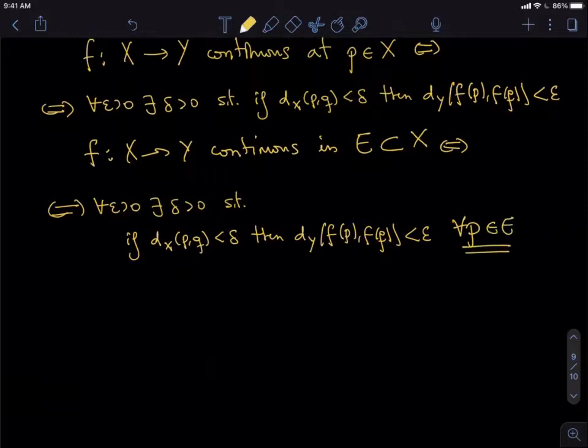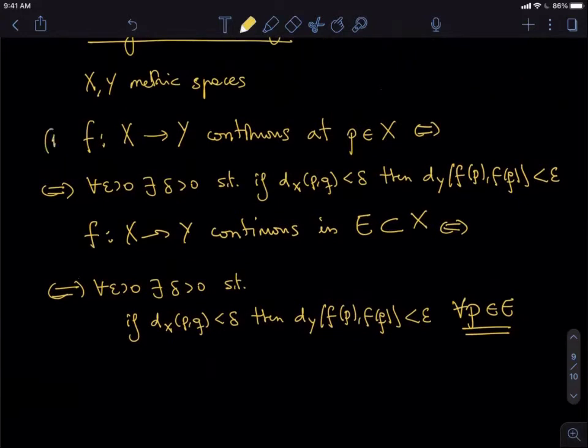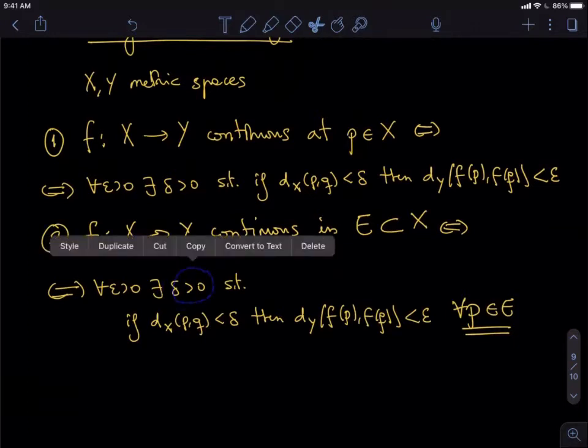that's the key difference. So we have continuity at a point and we have continuity on a set. Now here, there is a small detail that sometimes it's easy to overlook. That is about the existence of delta.